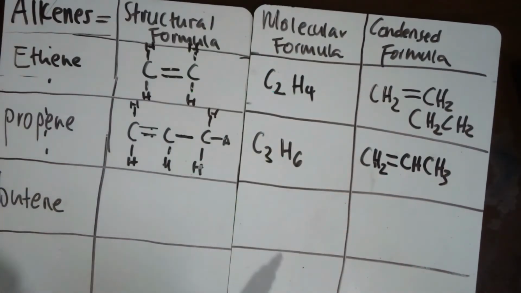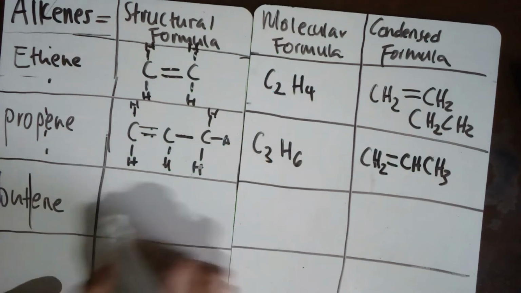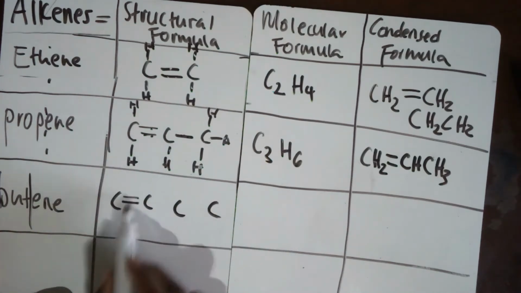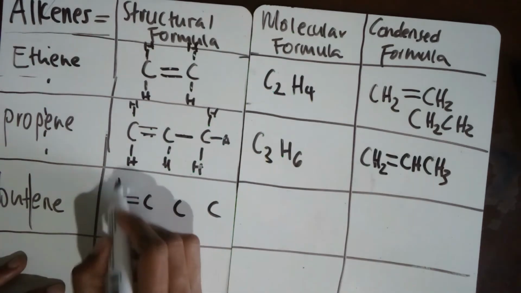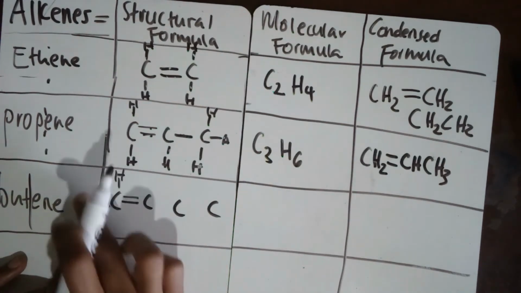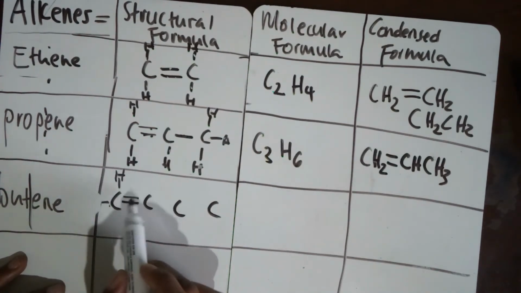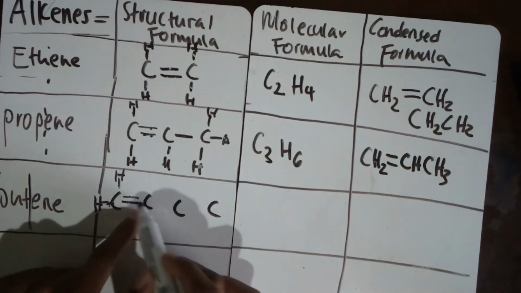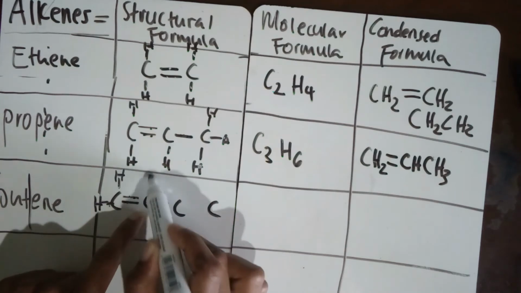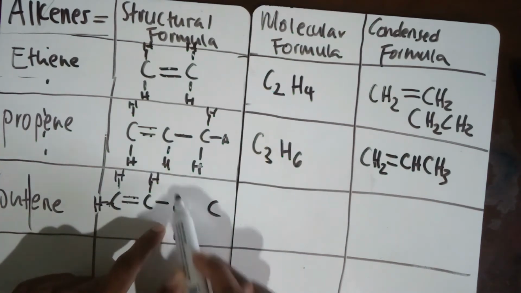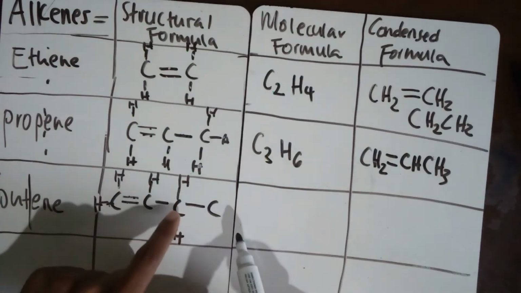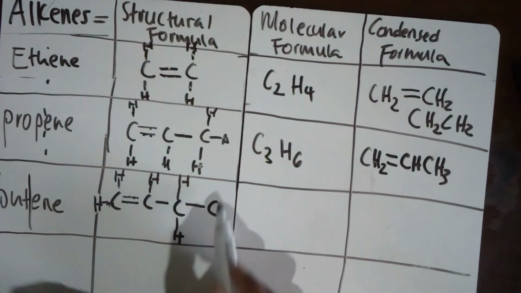Let us now move on to this one. Butene, because of the but, we know it has 4 carbons. So we'll have a double bond maybe here, and then CH, no, that's incorrect. Here we have 1, 2, 3, so we have another H there. And for this one, 1, 2, 3, 4. It's always making sure that each carbon has 4 bonds.